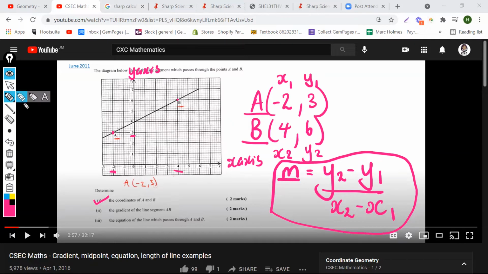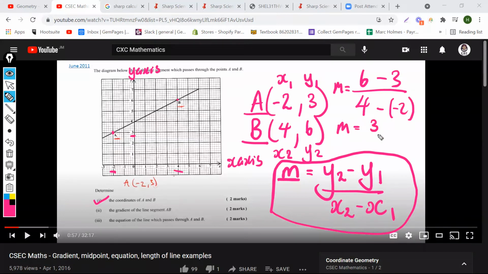So let's work it out. So y2 is 6, y1 is 3, so 6 minus 3 divided by x2 is 4 minus -2. So this ends up being 3, 6 minus 3 is 3 over 4 plus 2, which is 6.